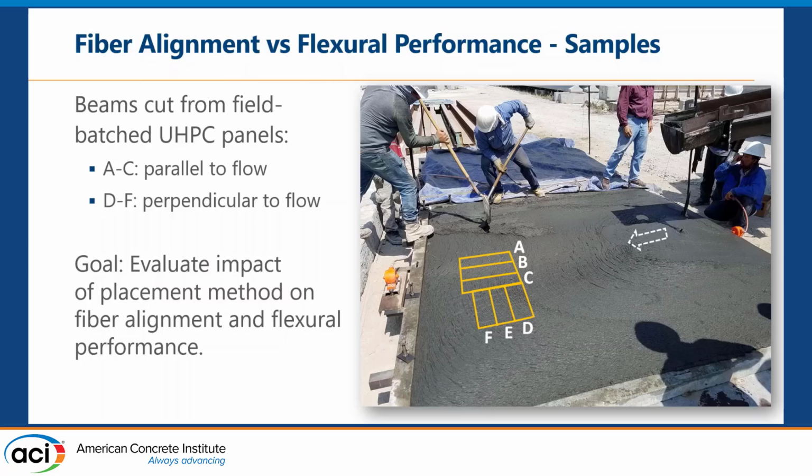After the concrete hardened, we had 6 beams cut out of the slab, 4 by 4 by 12 inches, in 2 groups. The first group are beams A, B, and C, which were essentially parallel to the flow of the concrete. The other group is beams D, E, and F, which were perpendicular to the flow, essentially.